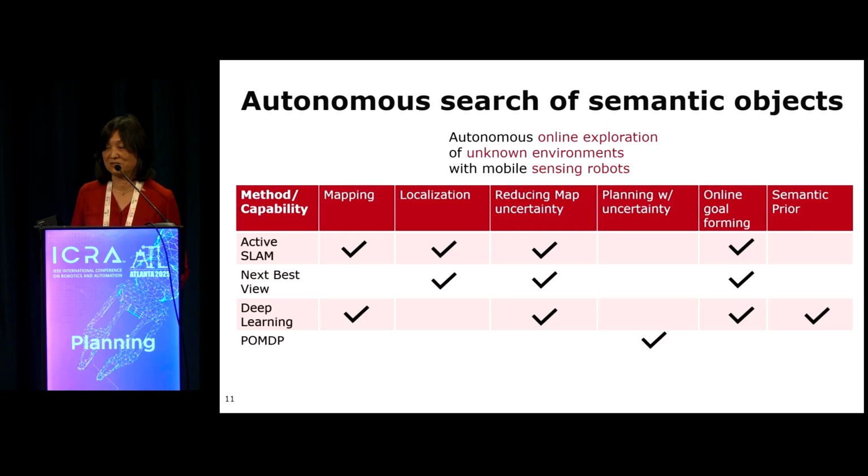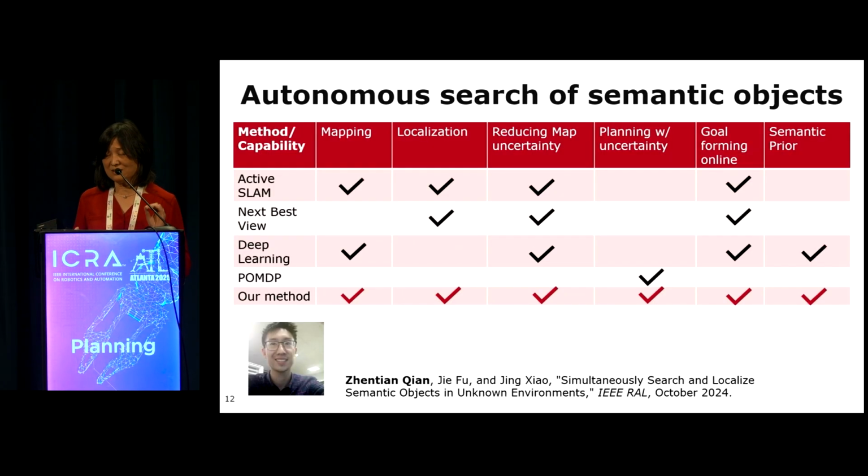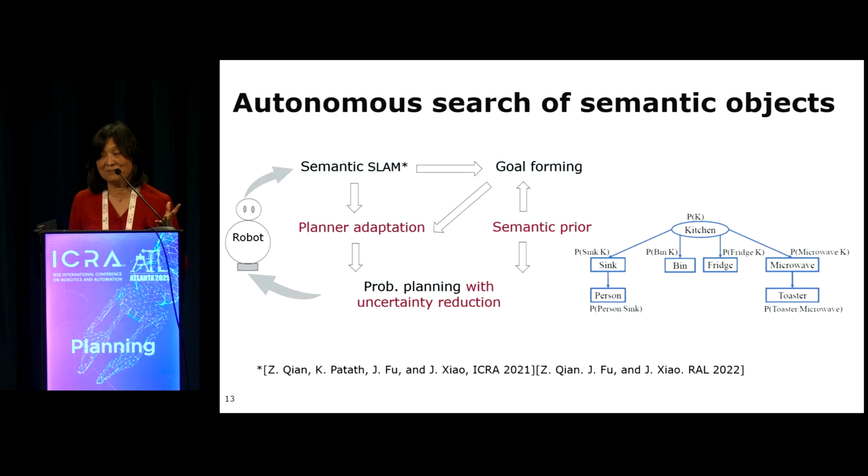There are still gaps. So we propose to fill all the gaps, so as to enable this kind of autonomous search of semantic objects in unknown environments. And the most important thing here is a synergy to connect semantic SLAM, for example, and probabilistic planning under uncertainty, like POMDP, to do automatic and simultaneous planner adaptation.